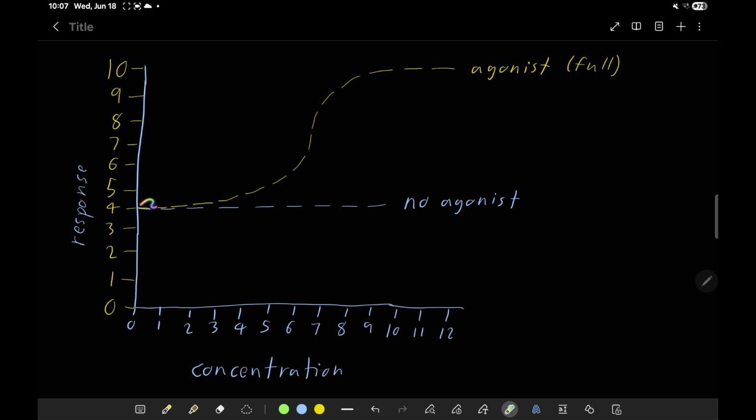So we started at 4, but then when you add the agonist, it can increase response up to 10. And remember, these numbers are just arbitrary for learning purposes. They don't have any units, but the point is, it does not start at 0, it starts at constitutive activity, and it increases beyond this level, and then hits a maximum. Also, ignore this part for now, we'll get to that later.